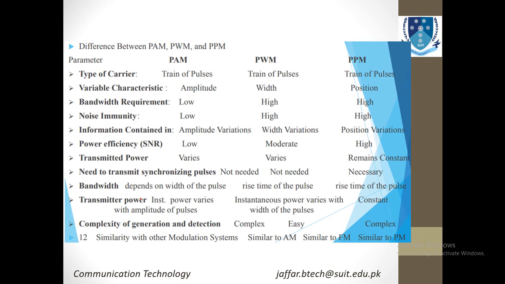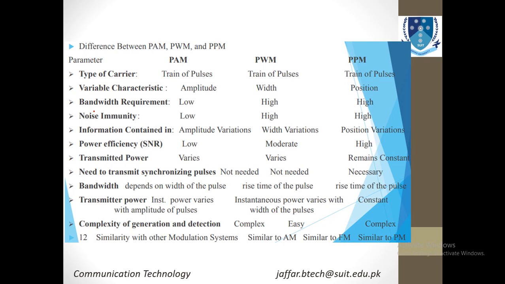If you have a type of carrier, PAM requires a train of pulses, PWM also requires a train of pulses, and PPM also requires a train of pulses. For the variable characteristic, the only difference is that in PAM the amplitude varies, in PWM the width varies, and in PPM the position varies.